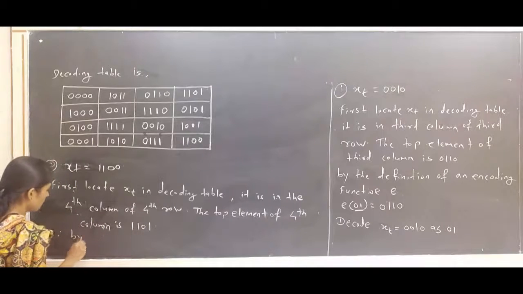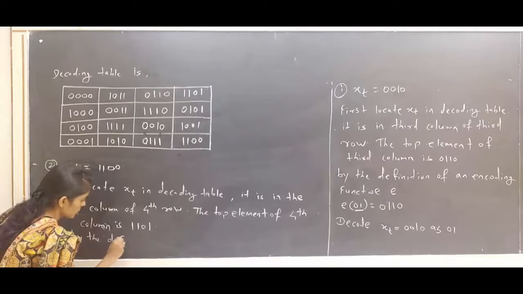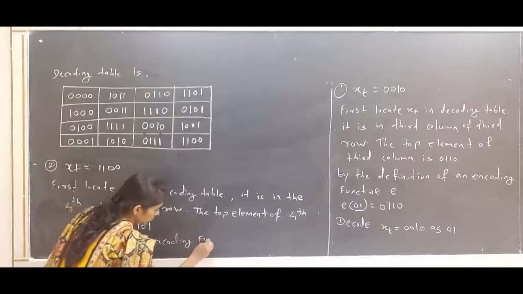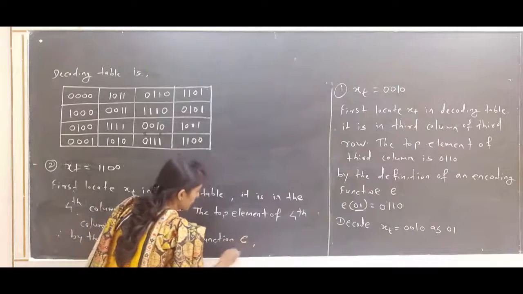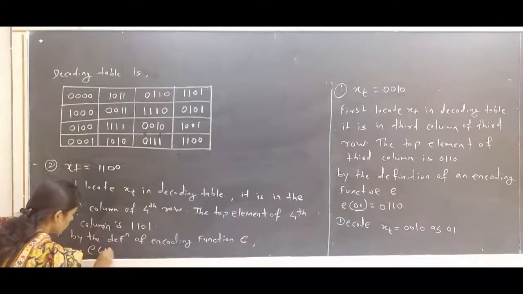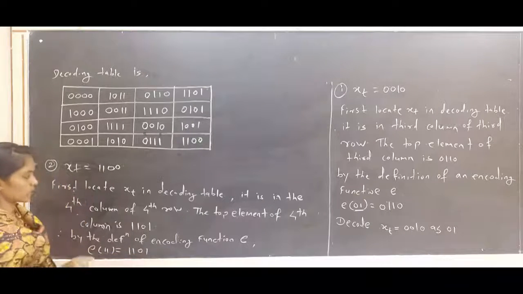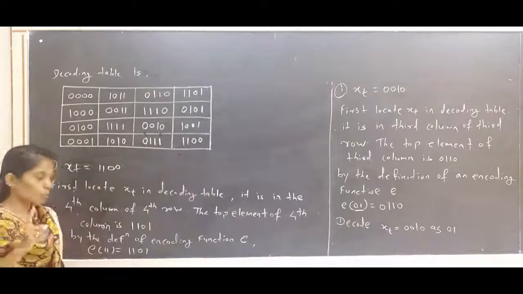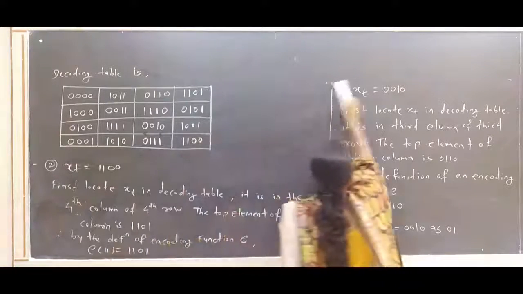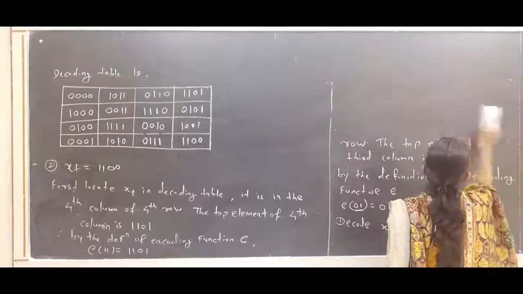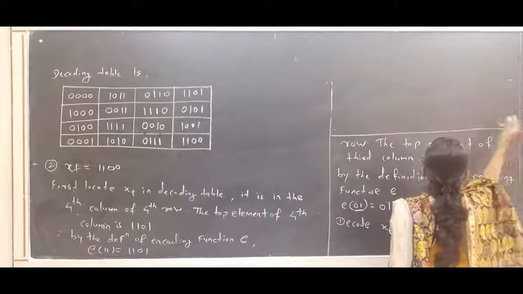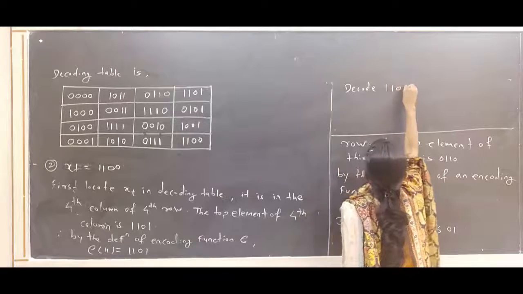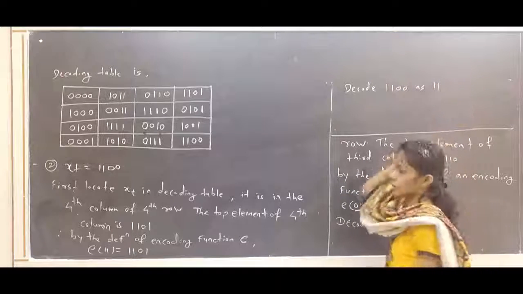So now by the definition of the encoding function, E of 1 1 equals 1 1 0 1. So decode 1 1 0 0 as 1 1.